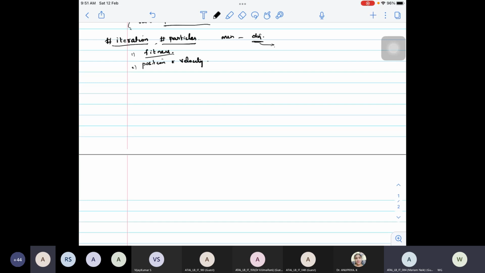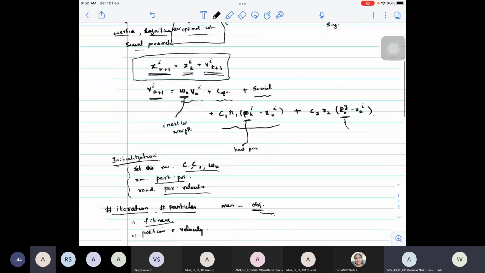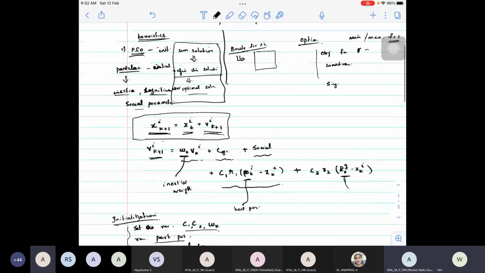So they sort of dictate how the particle is going to move over the space in order to reach your objective, right? So now we will try to see how this is overall implemented.